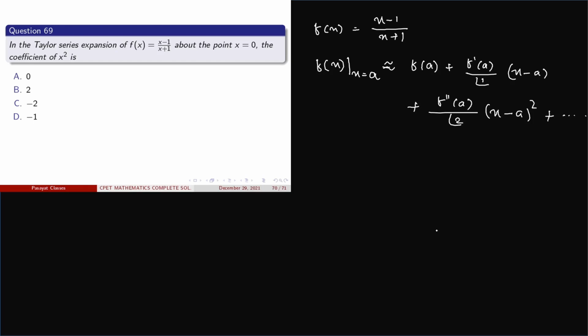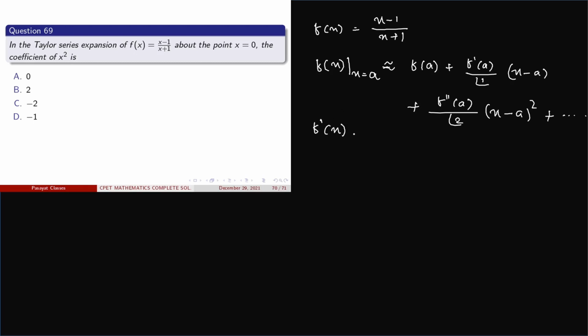So this expansion is known as the Taylor series expansion. Our aim is to find the value of f of a, f dash of a, f double dash of a.